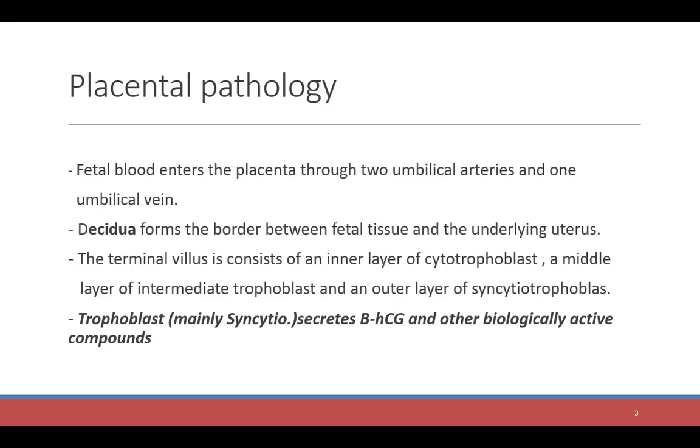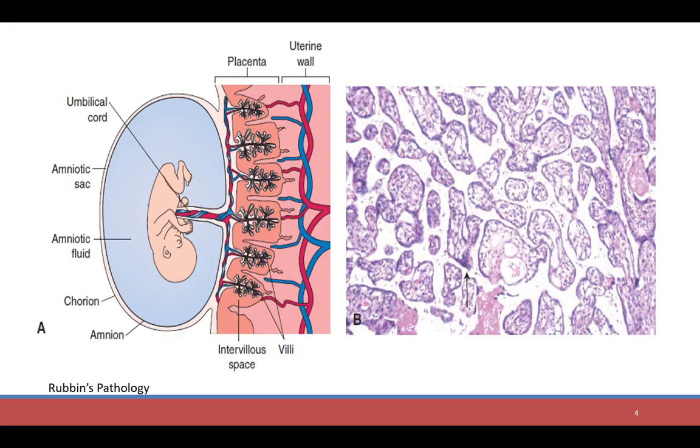The villi are lined by cells. These cells are cytotrophoblast and syncytiotrophoblast. These are very important cells that secrete the beta hCG, especially the syncytiotrophoblast.